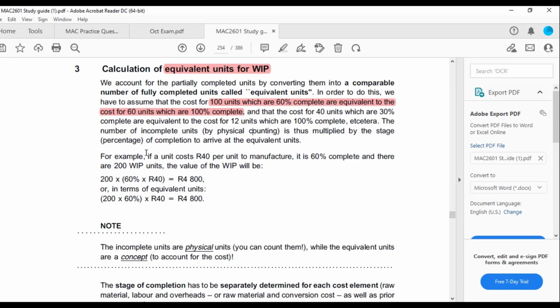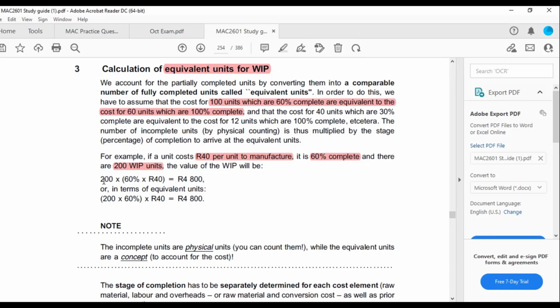Let's go to the example before I read and confuse you. If a unit costs 40 rand to manufacture, and it is 60% complete, and there are 200 work in process units, the value of the WIP will be as follows.